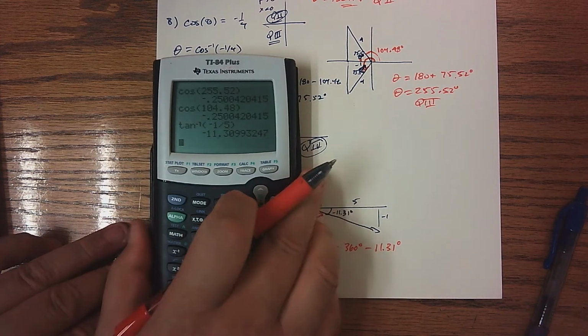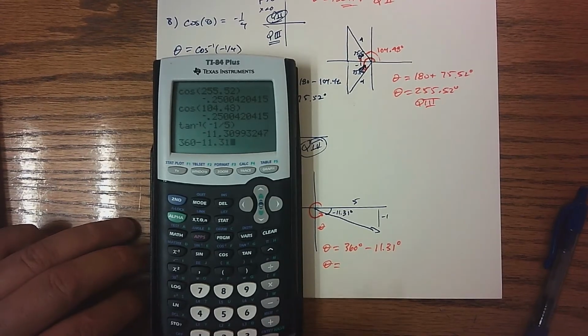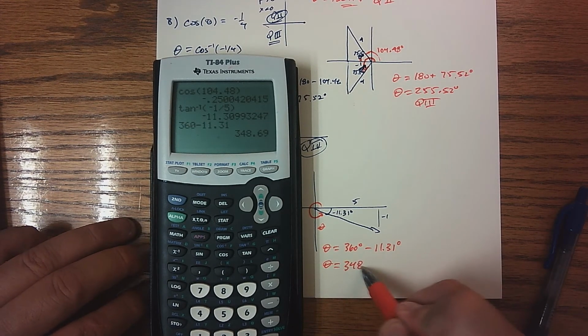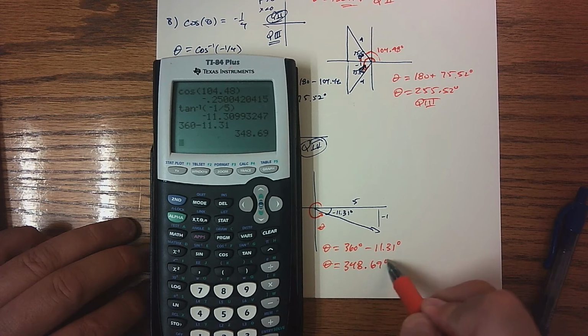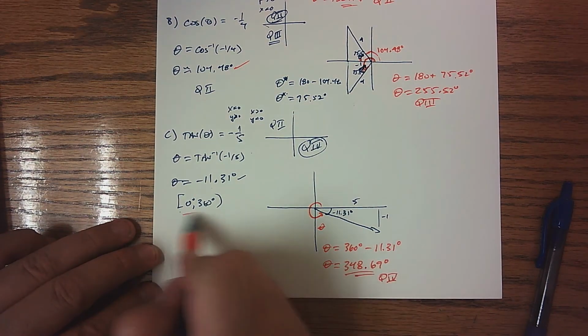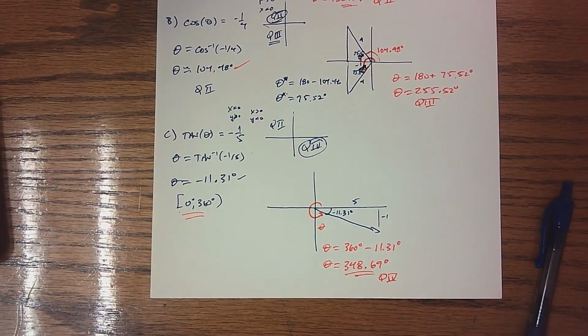Press enter, and we get 348.69 degrees. Obviously that occurs in quad 4, and it also falls within my first positive rotation. So far, so good.